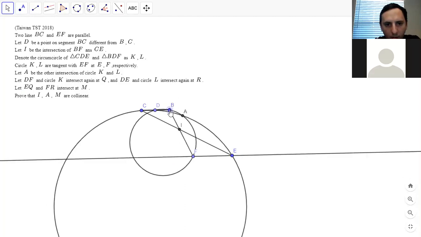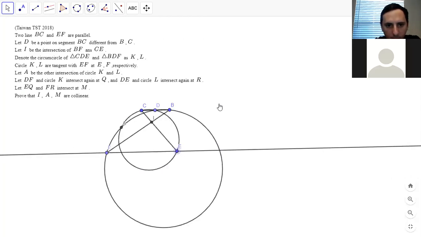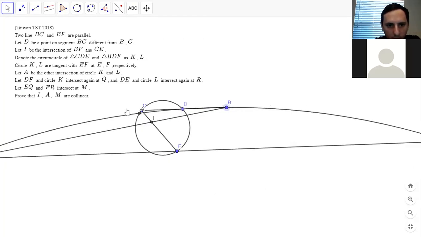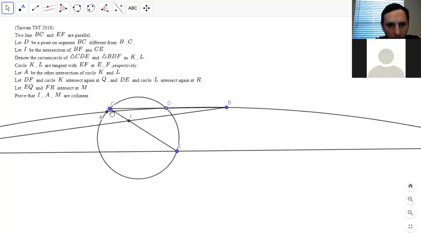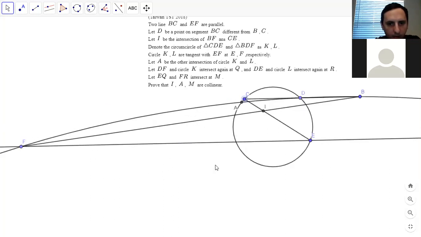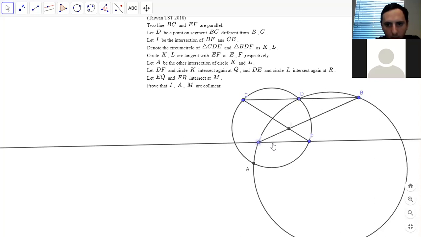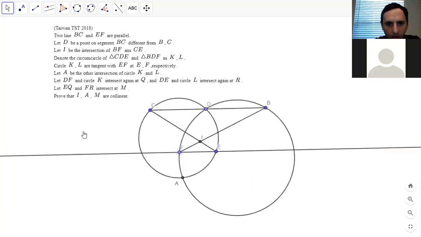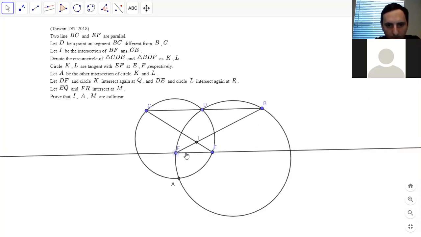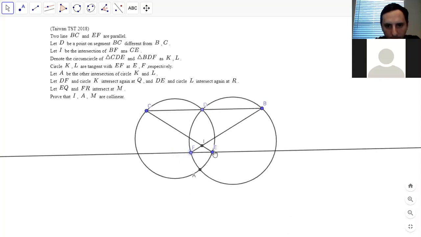Okay, so make BC a little larger maybe, and point F just went away a little bit. So maybe F must be between D and B.